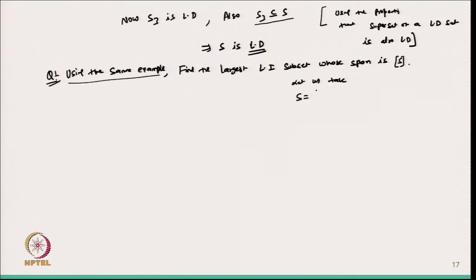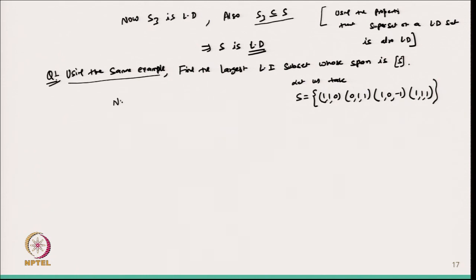1 1 0, 0 1 1, 1 0 minus 1 and 1 1 1. So, I just take these 4 elements, and I want to find the largest linearly independent subset.